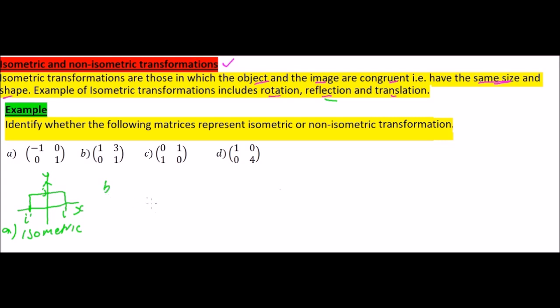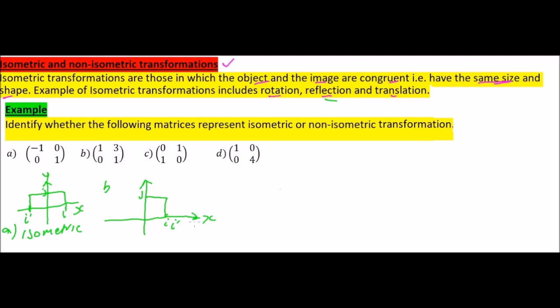We come to B. What has happened if we make a sketch of our unit square? So this is where we have our unit square. This is i and this is j. Of course, this is 1 and this is 1. Then i has remained in its position. So this is where we have i prime, but j has moved to 3.